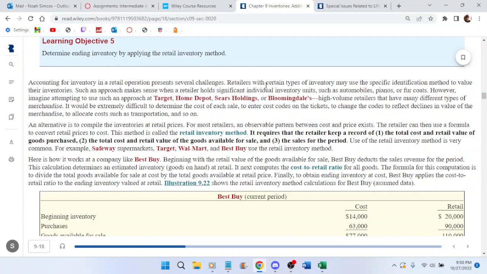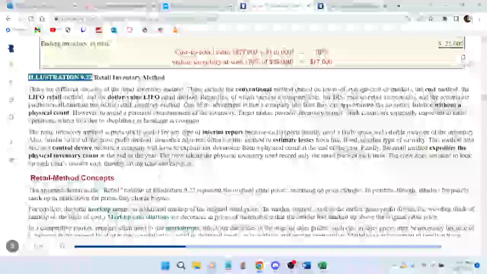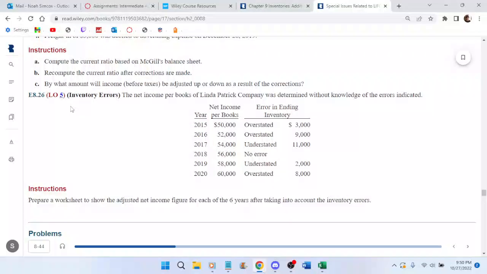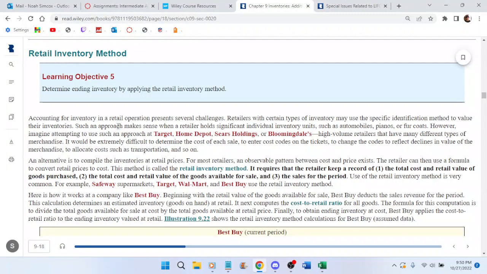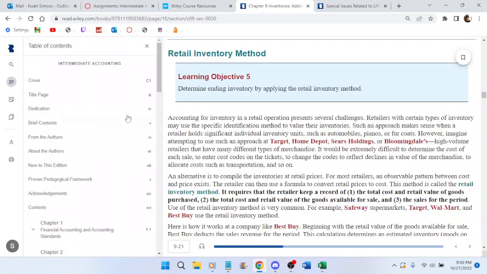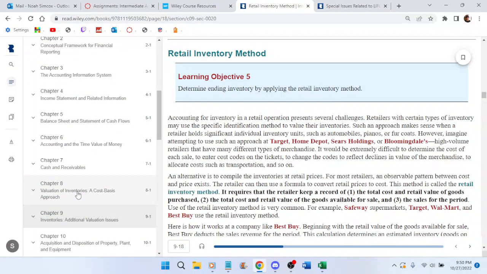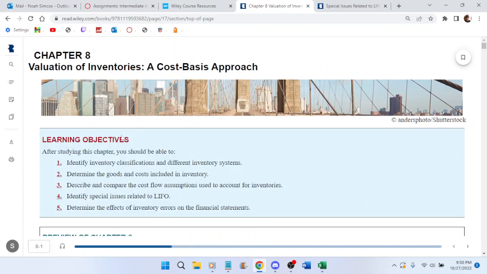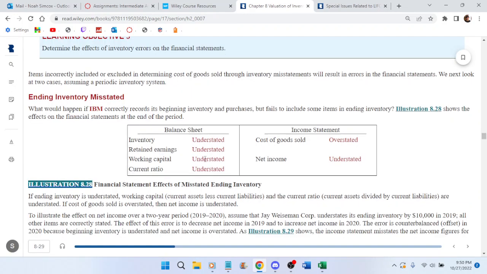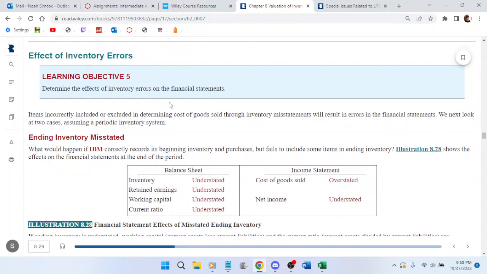It just expects you to figure out how to do the problem by yourself without having any explanation. That is how this learning objective 5. Wait, what? Oh, I'm in the wrong chapter. That is how the learning objective 5 is. There is no explanation of a problem here.